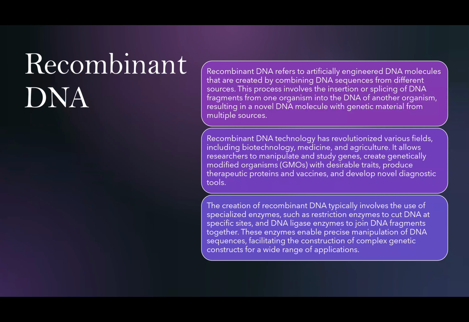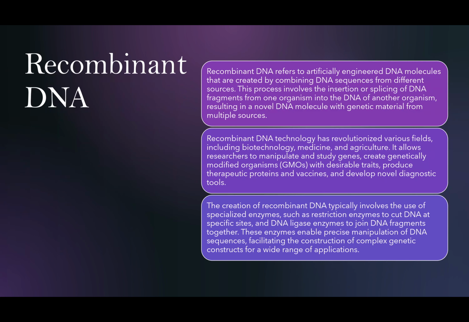All right. So recombinant DNA, now we know that recombinant DNA refers to the artificially engineered DNA molecules that are produced. So once we cut different parts of DNA and then glue different parts of DNA together, we're going to have what we call our recombinant DNA. And organisms that are derived from recombinant DNA, primarily within the fields of agriculture, medicine, and biotechnology, we call genetically modified organisms.